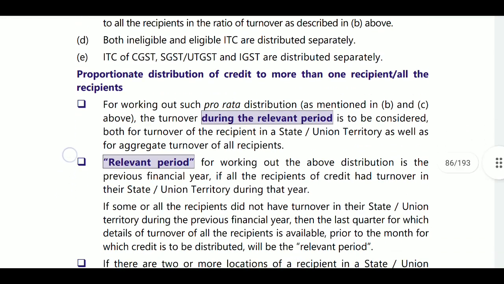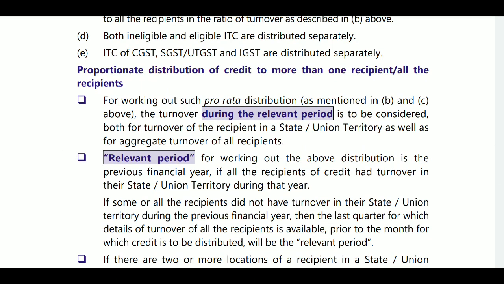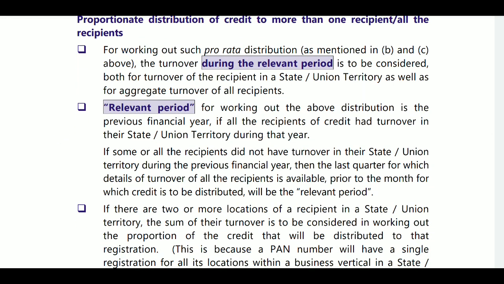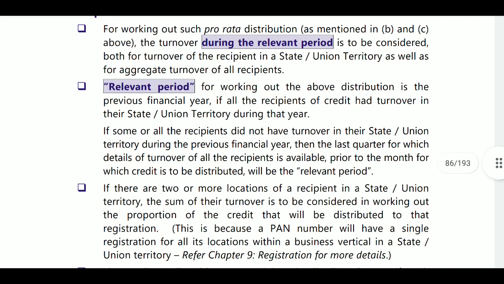For working out such pro rata distribution, the turnover during the relevant period is to be considered, both the turnover of the recipient in the state or union territory as well as the aggregate turnover of all recipients. Here the relevant period for working out the above distribution is the relevant previous financial year, if all recipients of credit had turnover in their states or union territories. Based on that, state or union territory turnover will be considered for distribution.